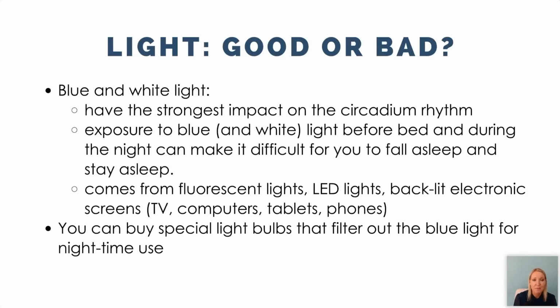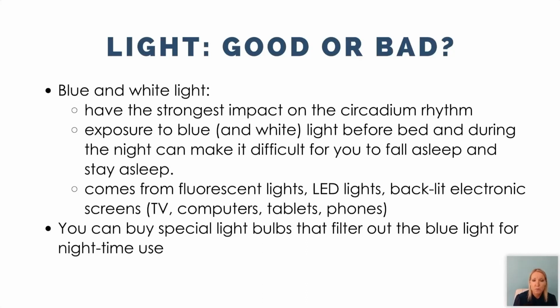As I said, blue light has an impact on the circadian rhythm. Blue light's not necessarily the color that you see as blue, but it's usually just your normal white light, and it's got the wavelength of blue light in it. You might not be able to see it, but it's there.